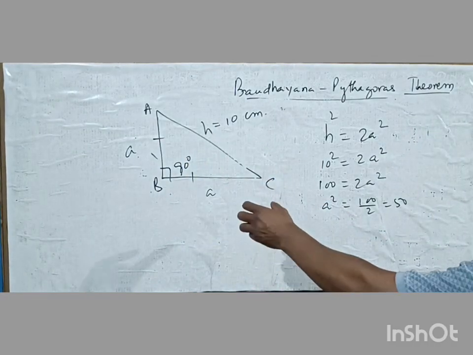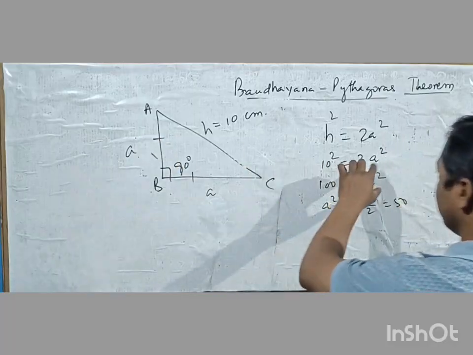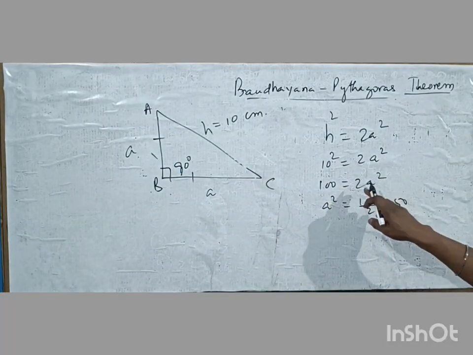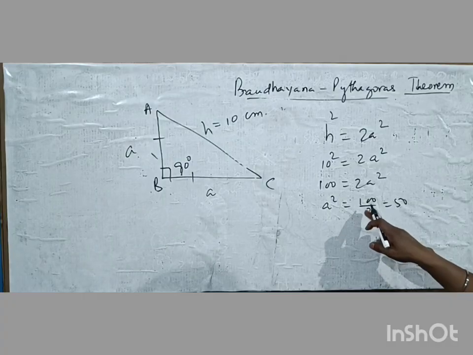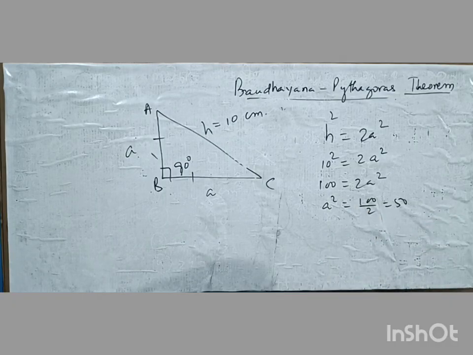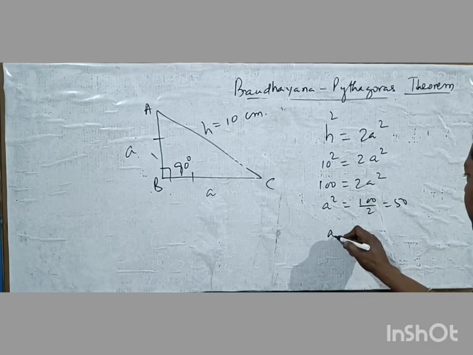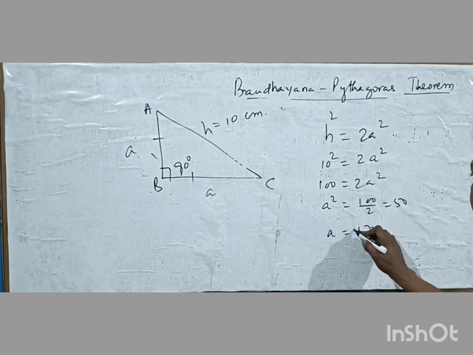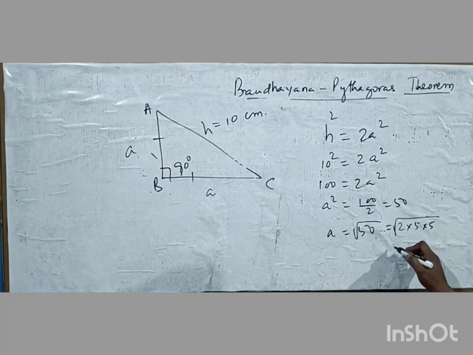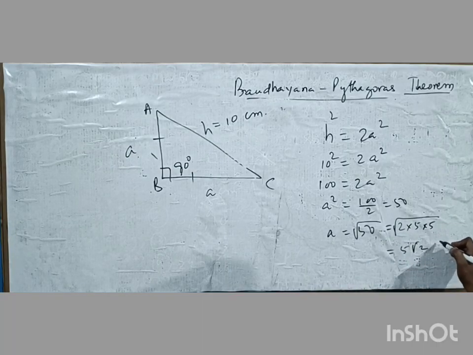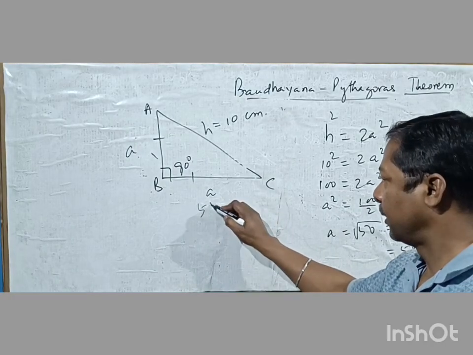The 2 is multiplied here, so it is divided on the other side, to get 50. So a will be root over 50, that means 2 into 5 into 5, that means 5 root 2. So the equal side will be 5 root 2 cm.